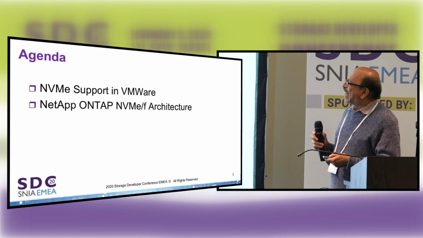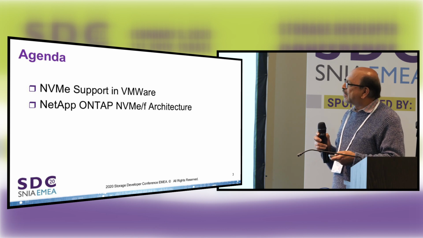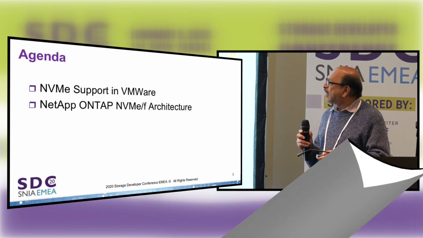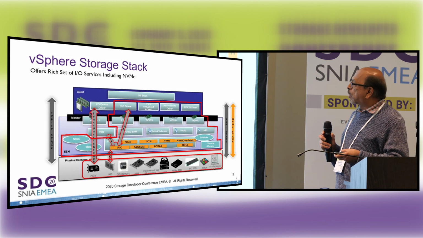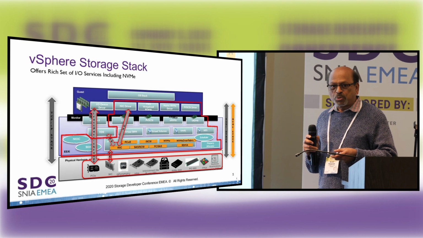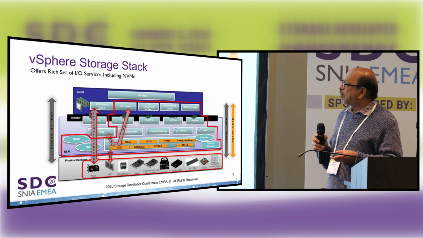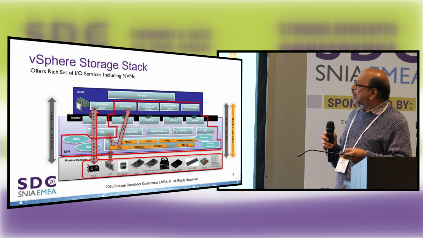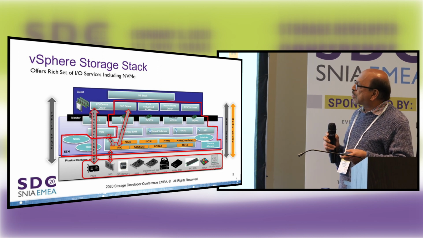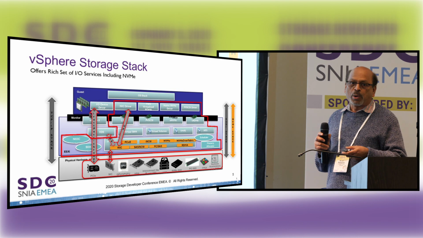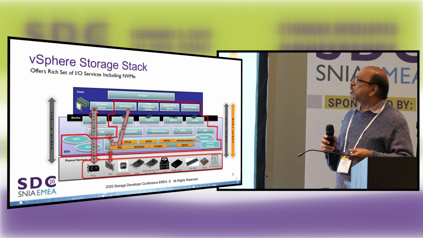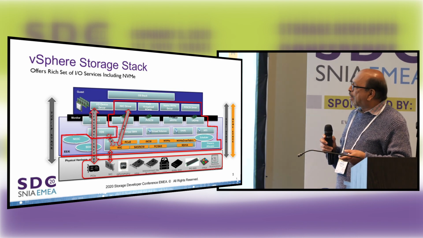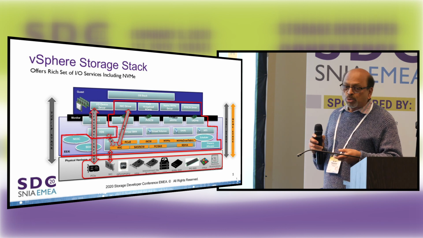So let's go with this NVMe support in VMware. We support all kinds of storage stacks. We have legacy to worry about. We have SCSI to worry about. We have iSCSI, Fibre Channel, everything. And in the OS, obviously, we are not a typical OS. The guest sits above us, and we talk to the guest.